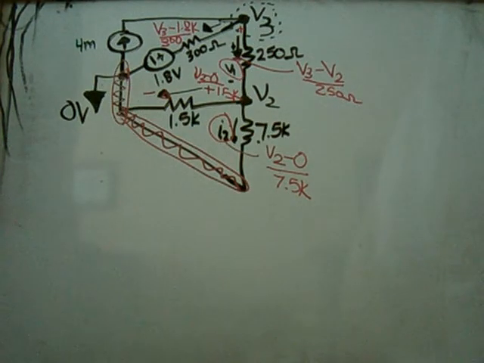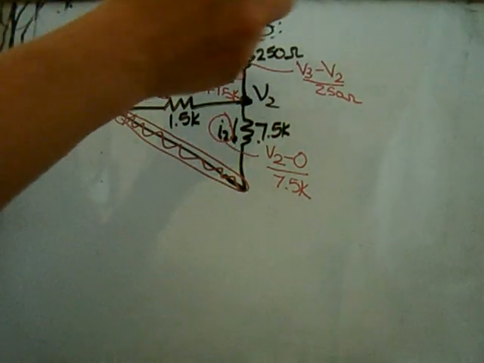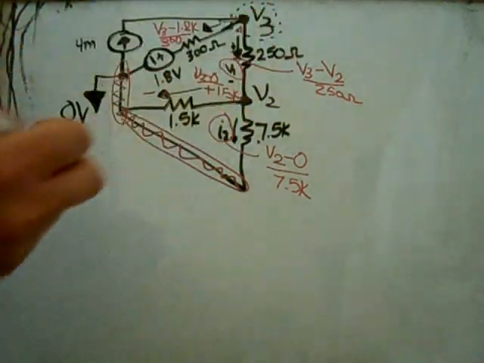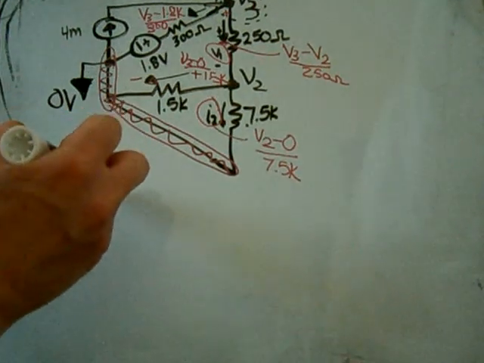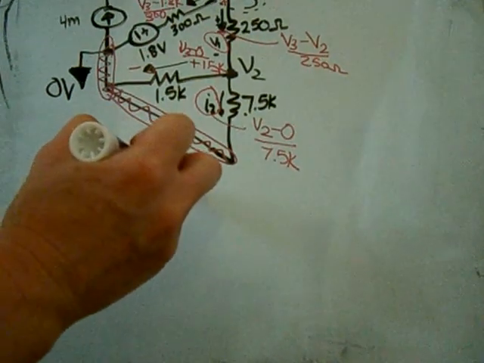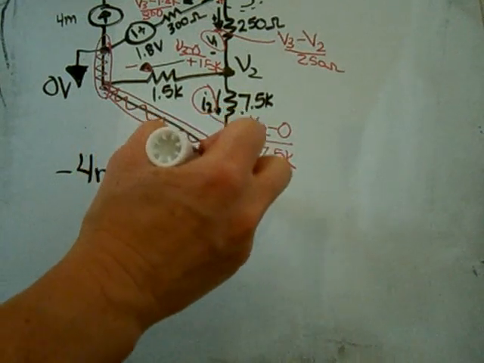So now I'm going to do a current summation at each of the nodes for these currents. So at V3, I have a minus 4 milli, a plus this current, and a plus this current. So that gives me a minus 4 milli. And then it's a positive V3 minus 1.8.